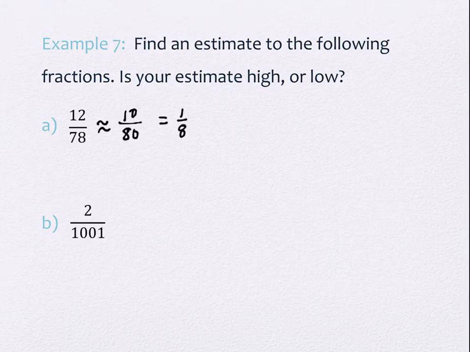The other part of the directions asks us to estimate if we are high or low. You can determine that with your calculator by turning them into decimals. I'm not going to be too particular about it. But you can also look at the original fraction and your reduced fraction to make that decision. If we look at the numerator going from 12 to 10, making the numerator smaller makes the whole number smaller.